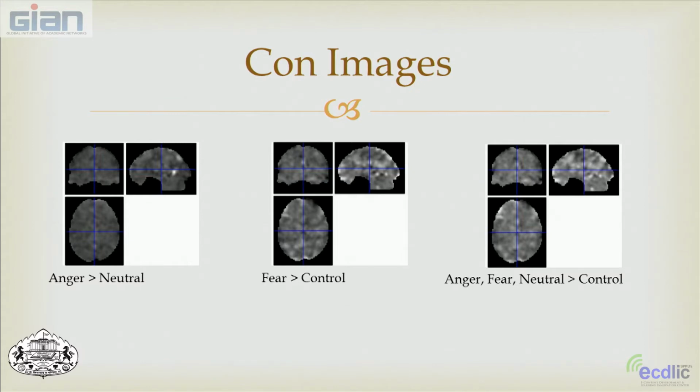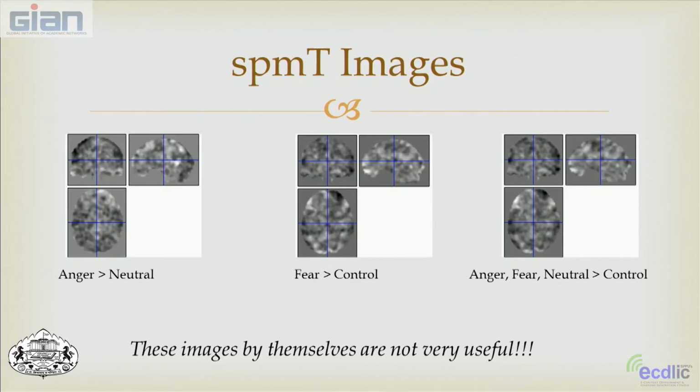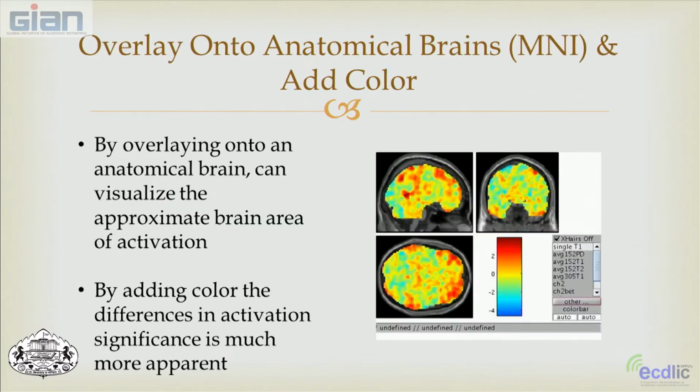So I want to point out, by just looking at these contrasts, we don't get a lot of information intuitively, right? So it looks to us sort of like a blob with different intensities. And these are spmT maps. So these are taking our contrast images and making T maps out of these. So again, these are not exactly that useful by themselves.